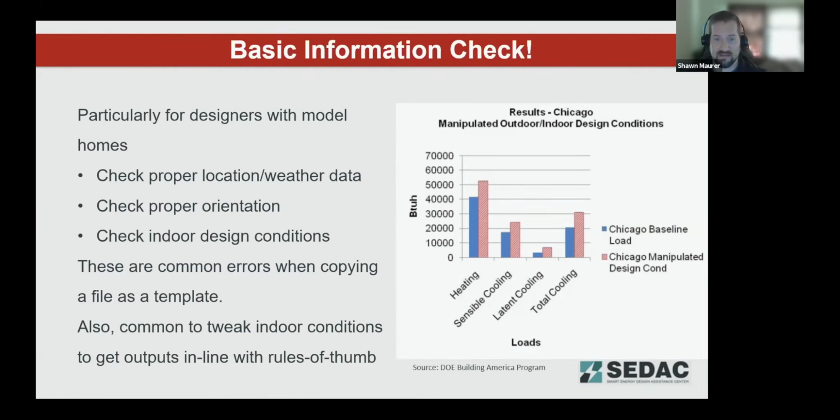And that resulted in about a ton of oversizing in the model, just from changing around some of the temperatures. And so that's something that we've seen a couple of times with Manual J projects, particularly reversing the heating and cooling design interior temperatures.